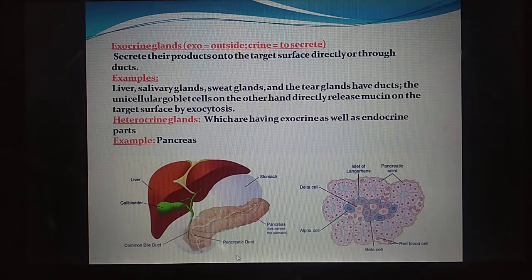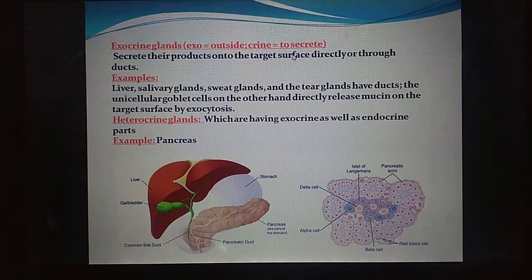Now, we move towards the next category of gland, which is called the exocrine gland. Exo means outside, crine means to secrete. Exocrine glands secrete their product onto the target surface directly or through ducts. Sometimes they pour their secretion onto the surface and sometimes through special channels called ducts.